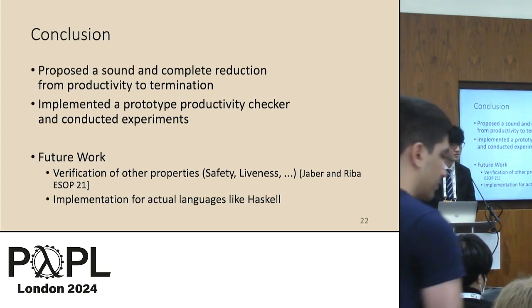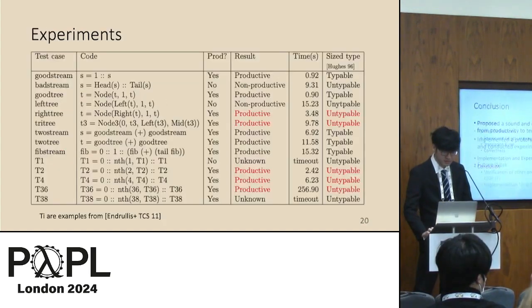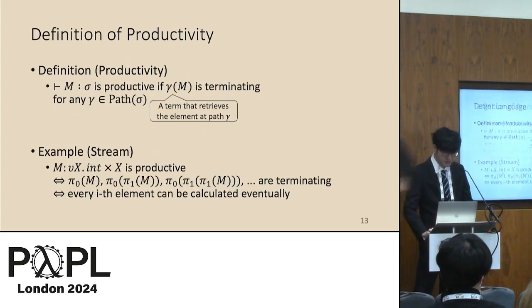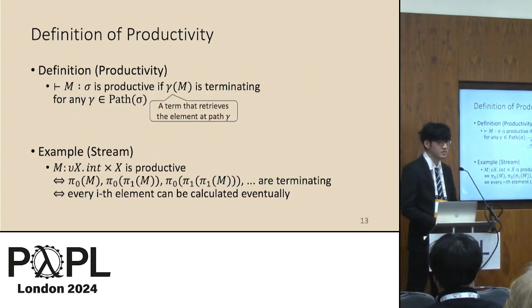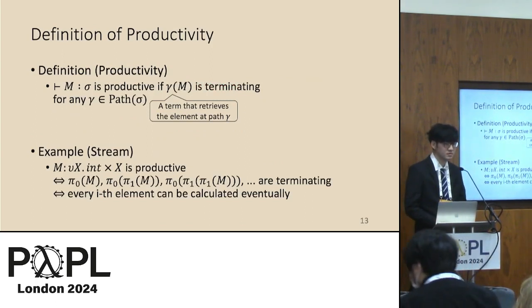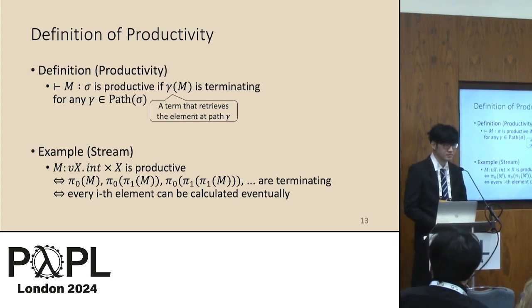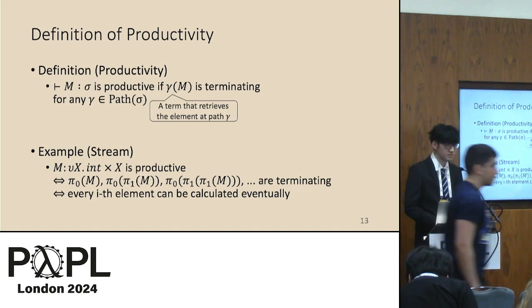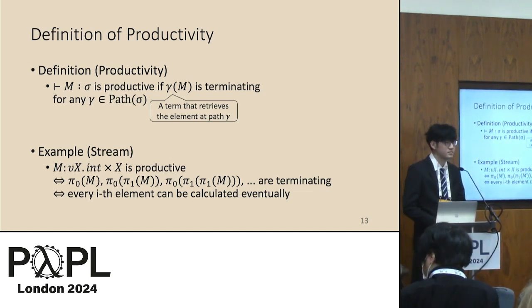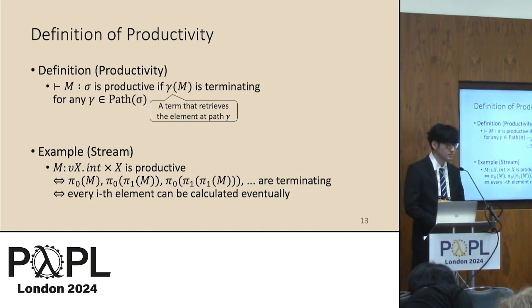Put up the slide on productivity. Can you put up that slide? When you define it, this is a research topic, so to speak, you could have chosen another definition of productivity in terms of another property, not termination, and see how the relationship between productivity and this other property could be defined.